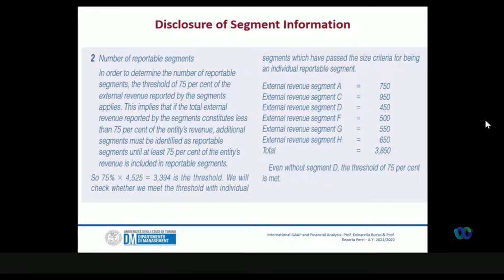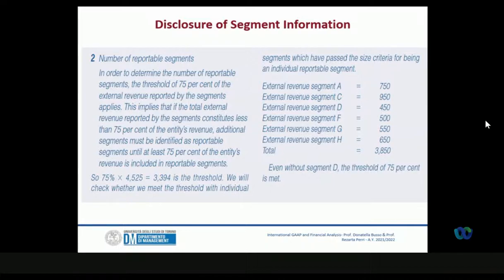Remember, not total revenue including the intersegmental revenue, but only 75% of external revenue. And that threshold is 3,394.